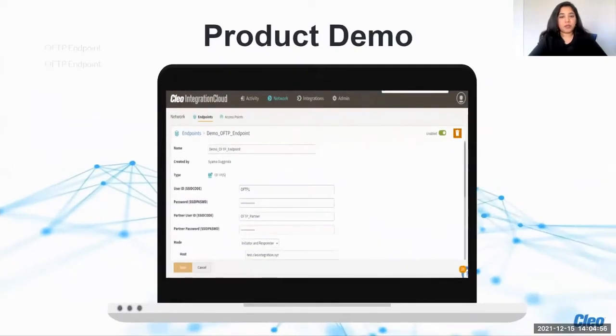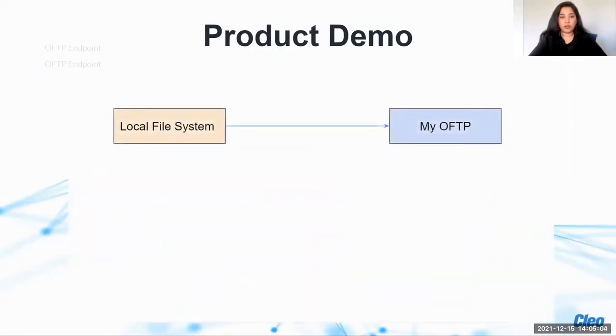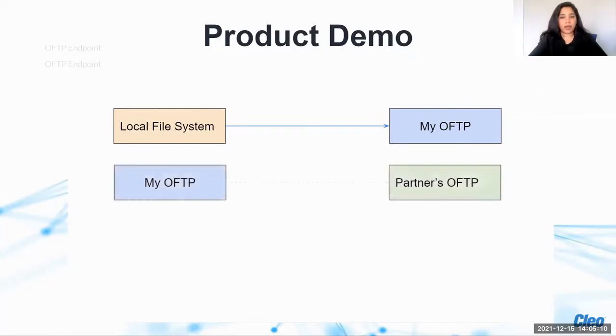All right. So before we head into the demo, I'd like to quickly give you a glimpse of what we are going to do in the demo on a high level. So in the demo, I'll have a local file system and I'll have my OFTP endpoint. And then I would like to transfer files from my file system into my OFTP endpoint.